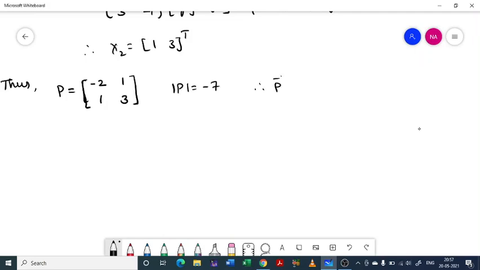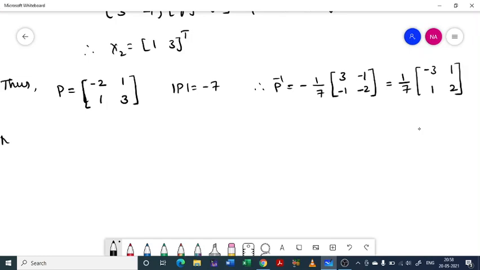Therefore P inverse will be minus 1 divided by 7 into adjoint of P. That means you have to interchange diagonal entries 3 and minus 2 and change the sign of non-diagonal entries, minus 1 minus 1. So actually P inverse will be 1 divided by 7 times, multiplying that minus inside, minus 3 1 1 2.